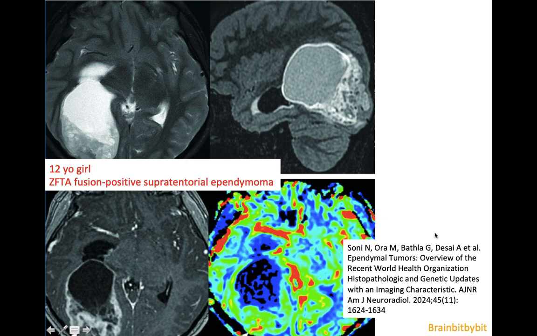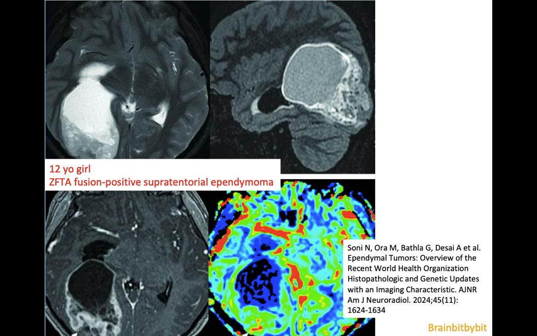So nowadays, you might see an ependymoma being described as a ZFTA fusion positive supratentorial ependymoma, partly solid, partly cystic, with the cystic part being hyperintense on FLAIR images.